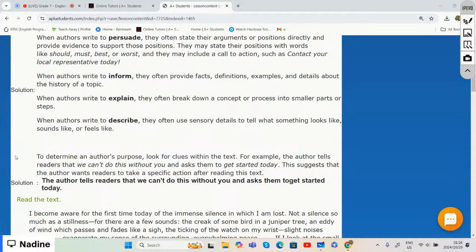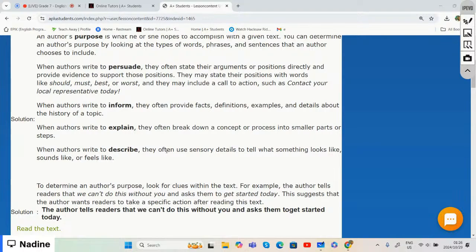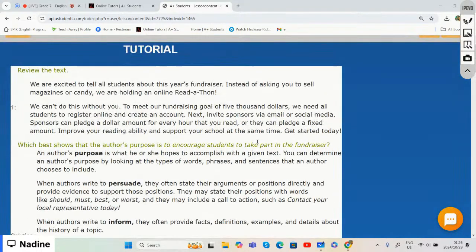So if we look at what they basically said, remember we said that the author basically says that it is a readathon. Which means that the author is encouraging us, or encouraging students, to read, but also to register, because part of the registration is that financially, the more students that register, the more finances they might be getting, right?